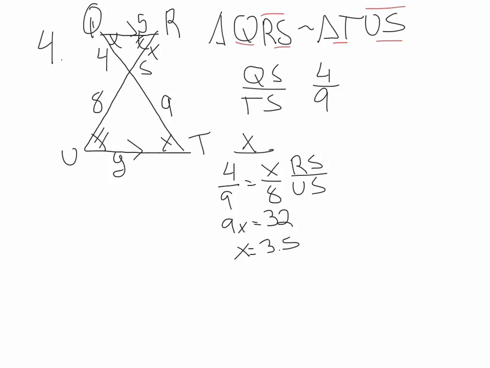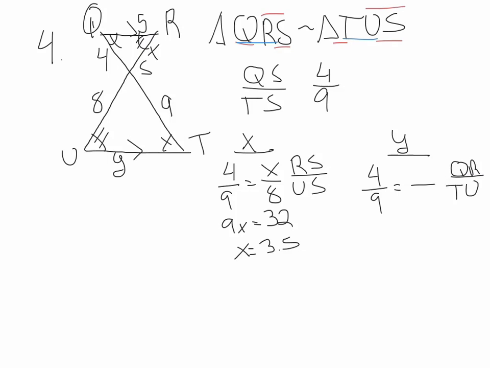Now when I solve for y, I'll use the same scale factor, 4/9. y is UT, the first two letters, and UT corresponds to QR. Again, I'm setting up small over large, so I'll do QR over TU.